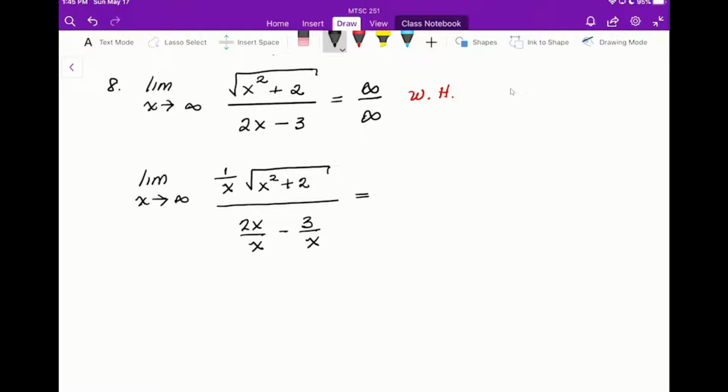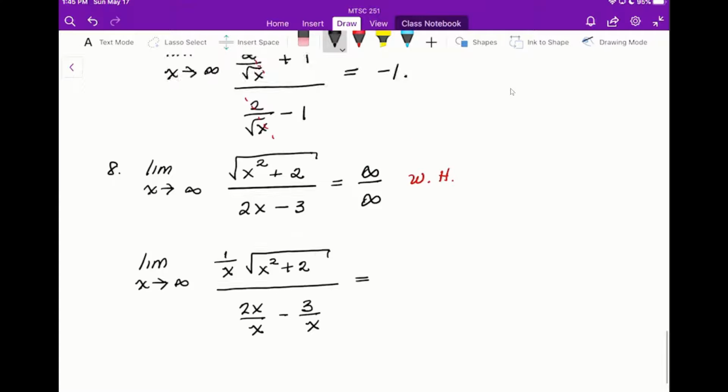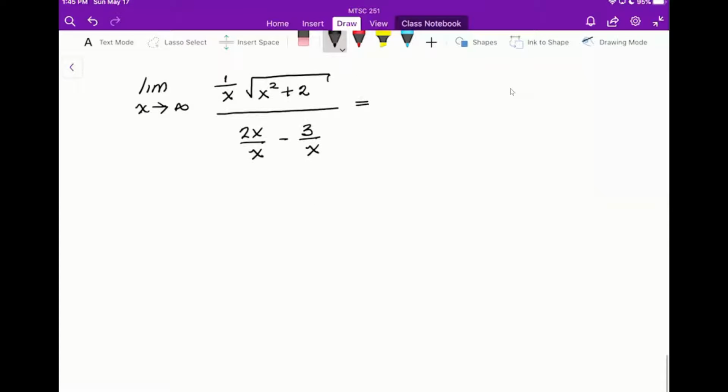So when I put 1 over x inside the square root, I'm now going to get x squared over x squared plus 2 over x squared inside the square root, all over 2 minus 3 over x.